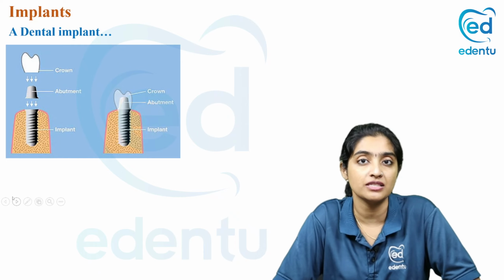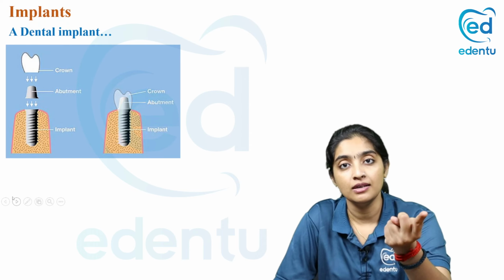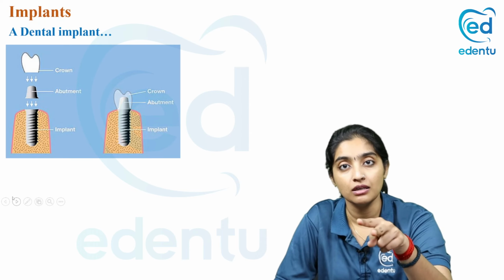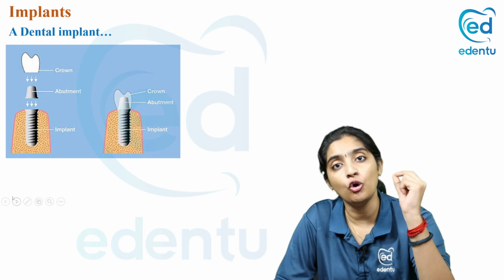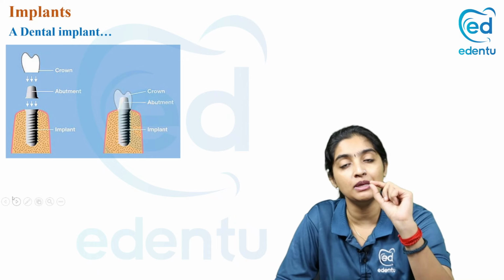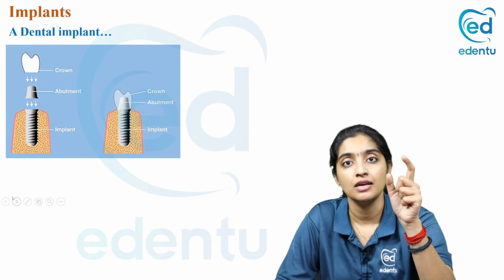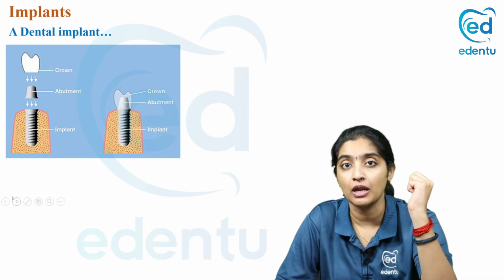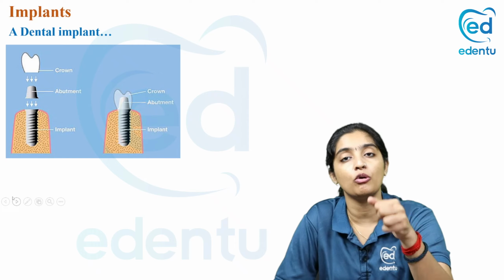An implant can be used for two things: one is for retention and the other is for support. Retention means your whole prosthesis is going to be retained by the implant, whereas in the case of supportive implants, your prosthesis is going to have added support from your implants.